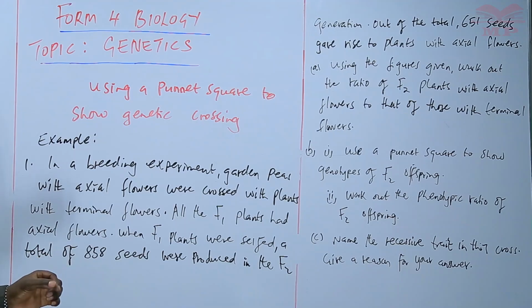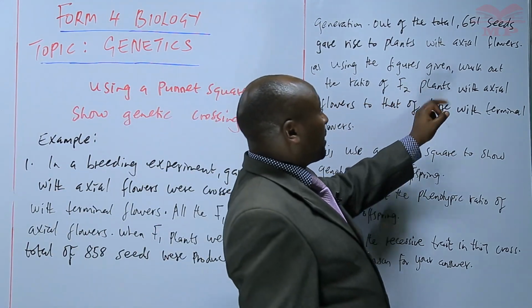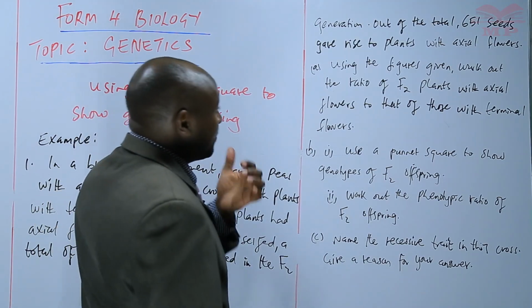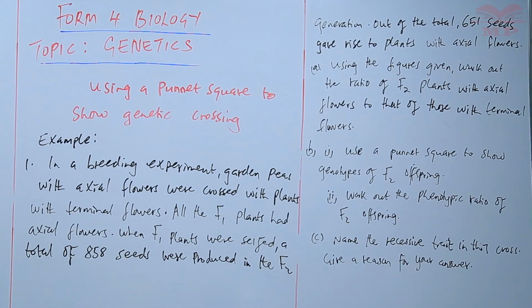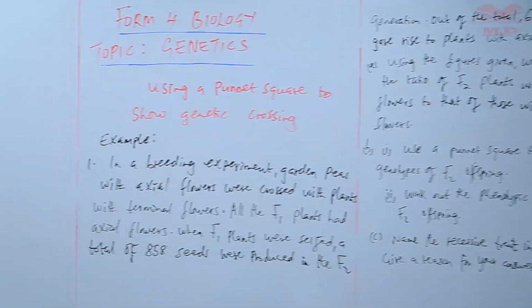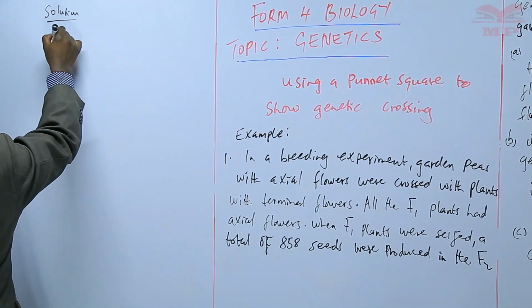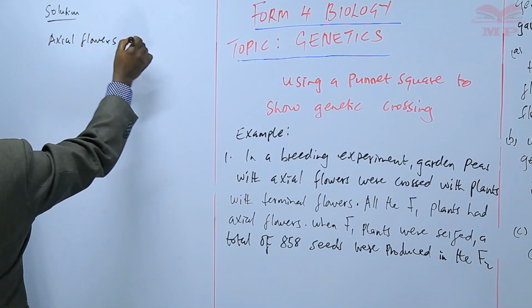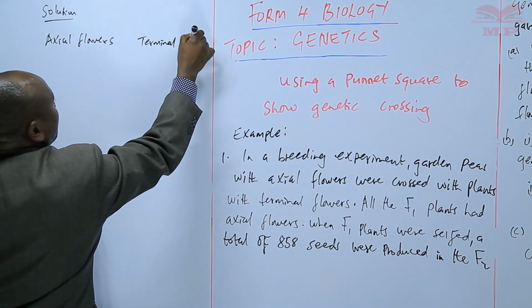So using the figures given, work out the ratio of F2 plants with axial flowers to that with terminal flowers. So here we want to find the solution: those with axial flowers against those with terminal flowers.